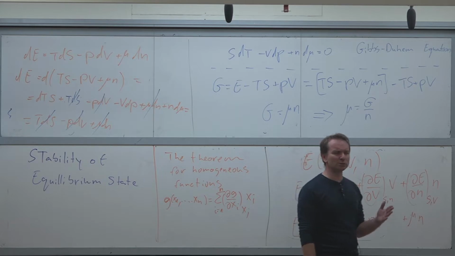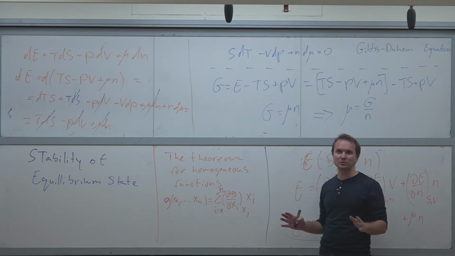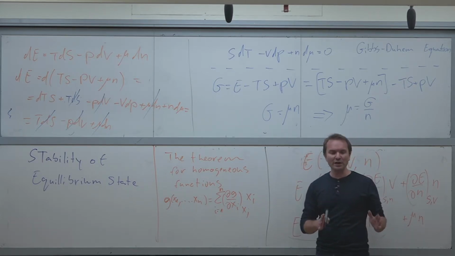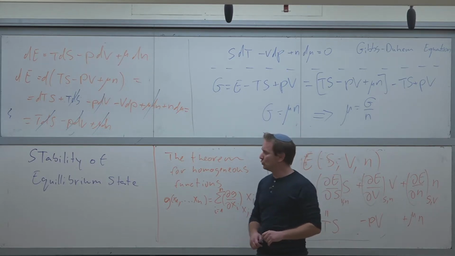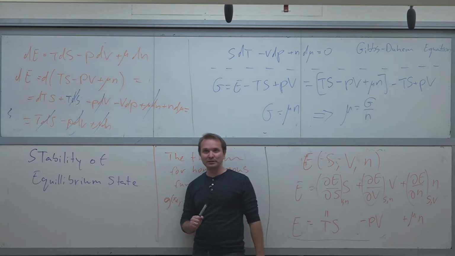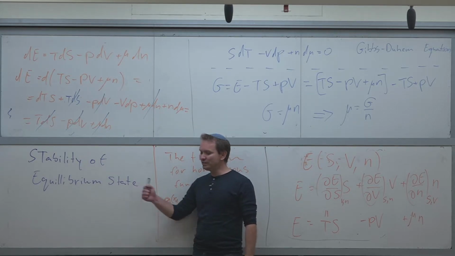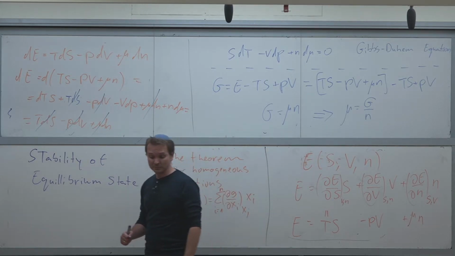Otherwise, very small perturbations, and there are always small perturbations in the real world, will drive my system out of this equilibrium state. So the assumption is that any equilibrium state has to be stable. Otherwise, it's not really an equilibrium state, because small fluctuations will lead the system out of the state.